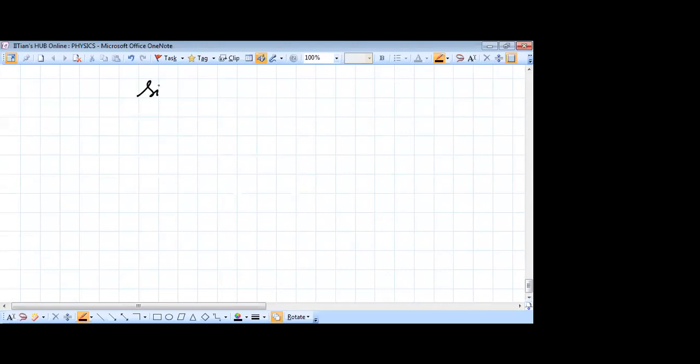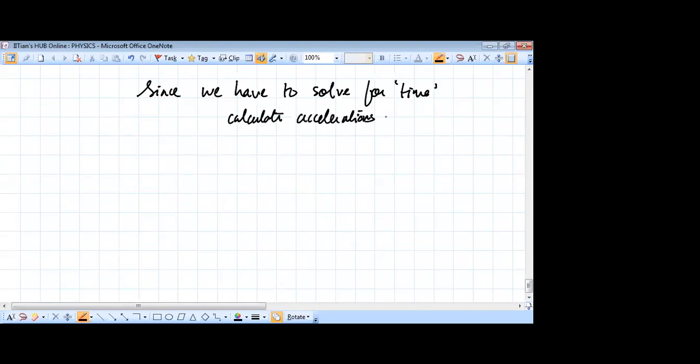Since we have to solve for time, calculate accelerations and use kinematics for finding speed and all that, because there will be uniform accelerations. So that is the approach I'm going to take. You can of course take the work energy approach also, and I'll discuss that also.